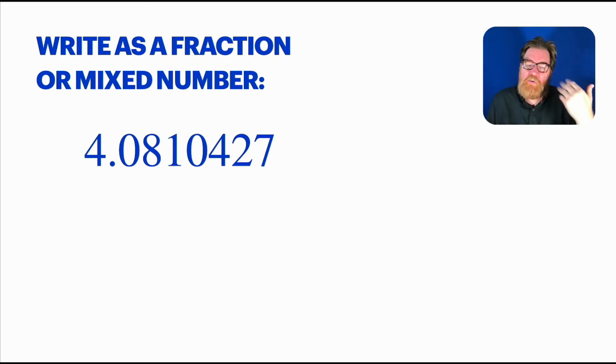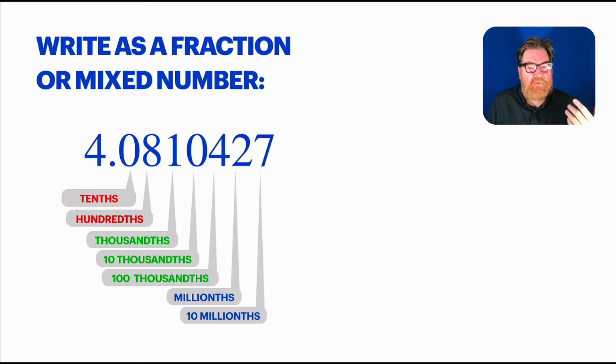Well, going back to our list, we can just remember that going through our tenths, hundredths, thousandths, 10 thousandths, 100 thousandths, millionths, 10 millionths. It's in the 10 millionths place. That's our denominator. See the 4 to the left of the decimal point? That's our whole number. So this is definitely going to be a mixed number. This decimal is more than 1. So we're going to have 4 and some amount of 10 millionths.